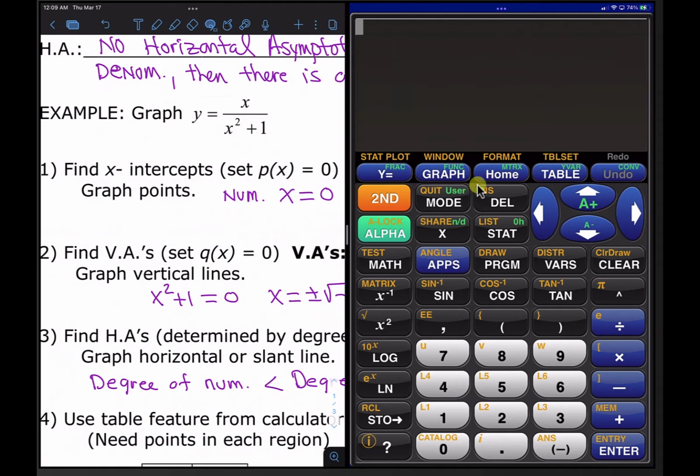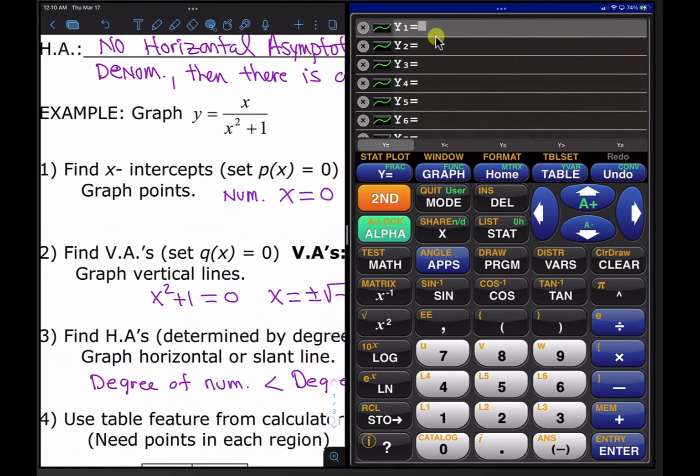So here we have the calculator on the right. What you'll do is press the y equals button, and then type in the equation on the top line. I'm going to type in x divided by, and then you want parentheses around the denominator. Always have parentheses around your denominator.